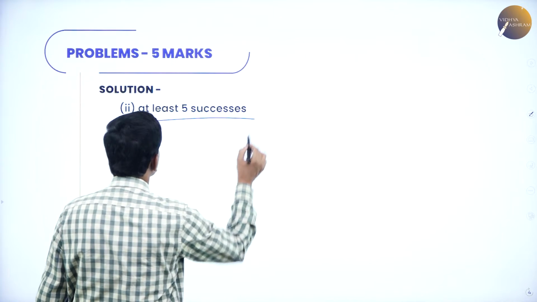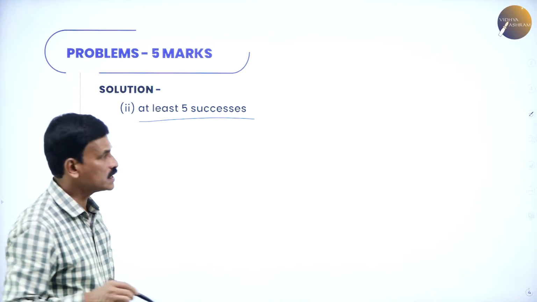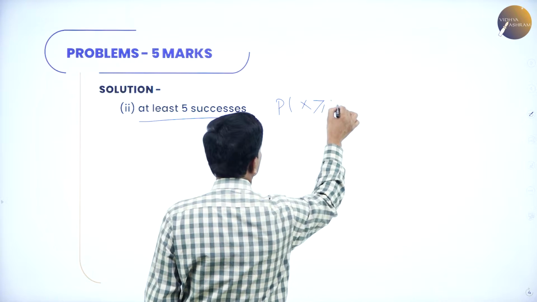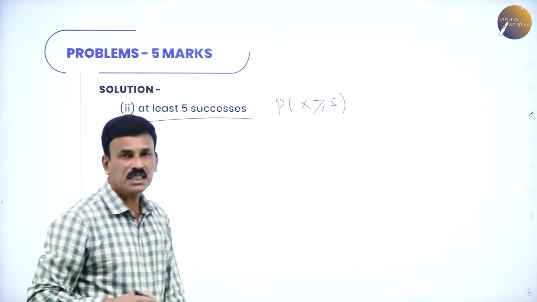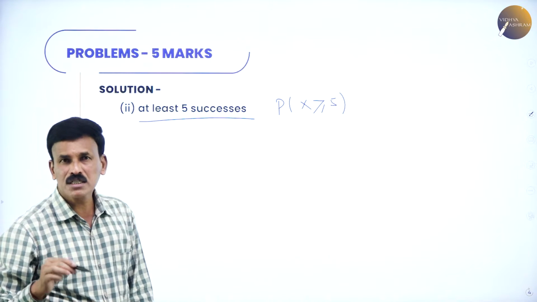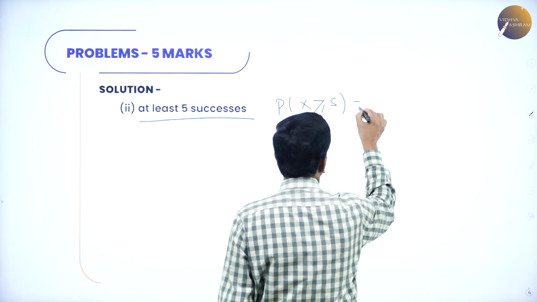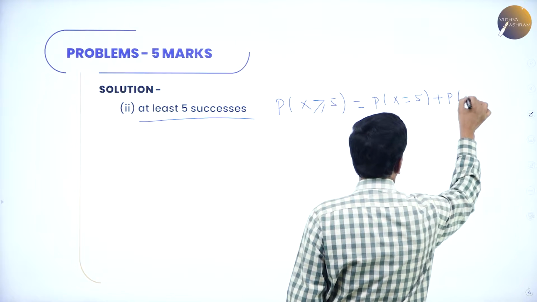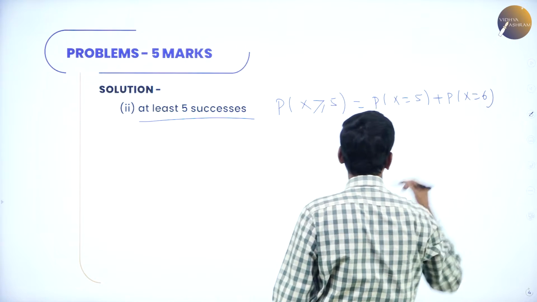Now let us come to the second case. What is the second case? At least 5 successes, which means the probability of x is greater than or equal to 5. So this is nothing but P(x = 5) plus P(x = 6).